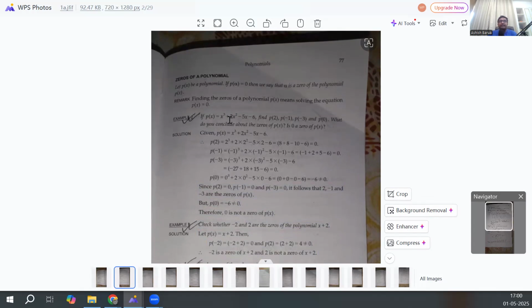So in this case, suppose in this example, there is an algebraic expression x cubed plus 2x squared minus 5x minus 6. This is an algebraic expression.